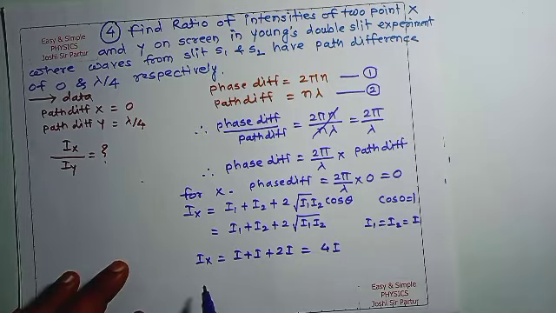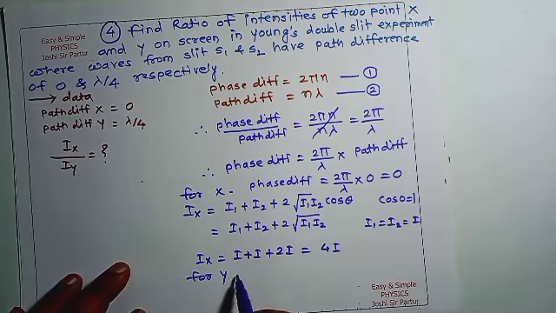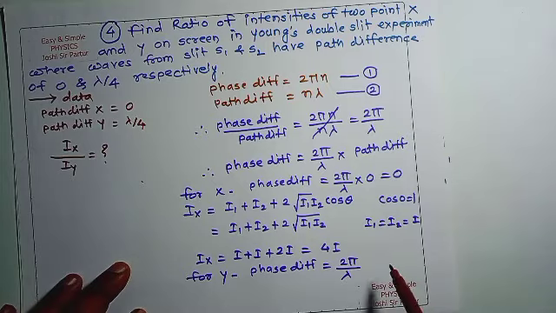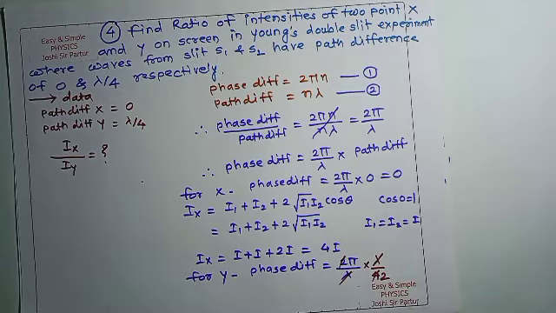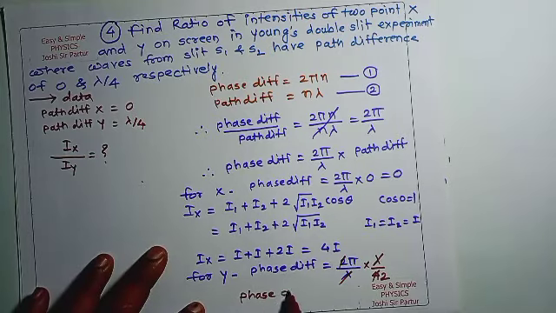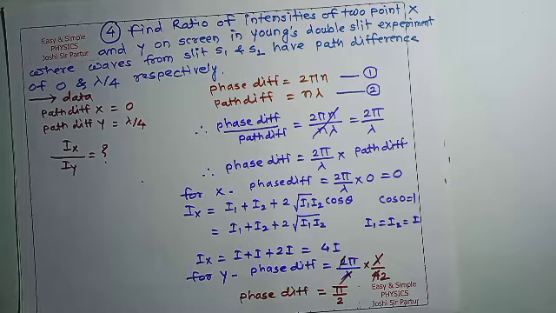Again, for point Y, phase difference is equal to 2 pi upon lambda multiplied by lambda upon 4. Lambda gets cancelled, and here also cancel. So phase difference for Y will be pi upon 2, that is 90 degree.